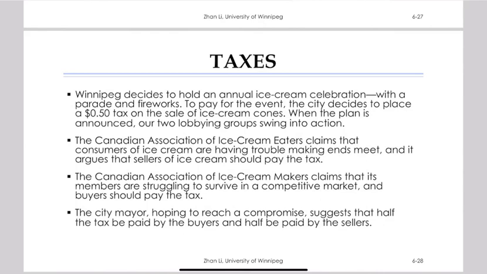And now there are two potential parties to pay this tax, right? You could ask sellers to pay the tax, or you could ask the buyers to pay the tax. So you can see that potentially there could be some arguments, because sellers would say, well, our business is not that good, so we don't want to pay that, so maybe buyers of ice cream cones should pay the tax.